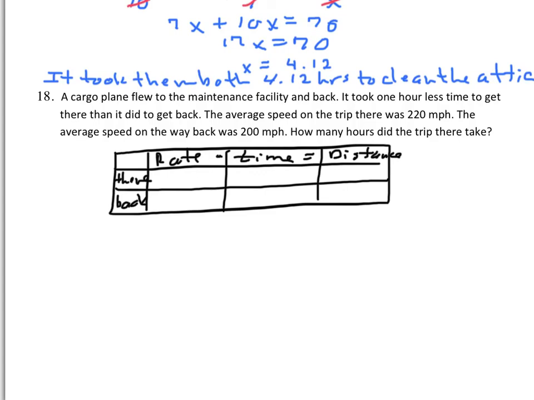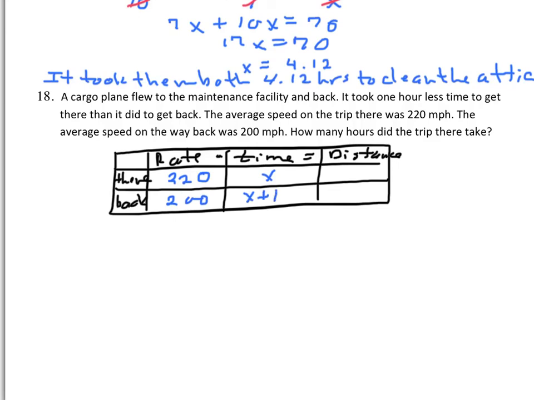According to the rate, it was 220 miles per hour to get there and 200 coming back. The time we didn't know, but we know it takes 1 hour longer to come back. So we're going to let this be x and this be x plus 1.